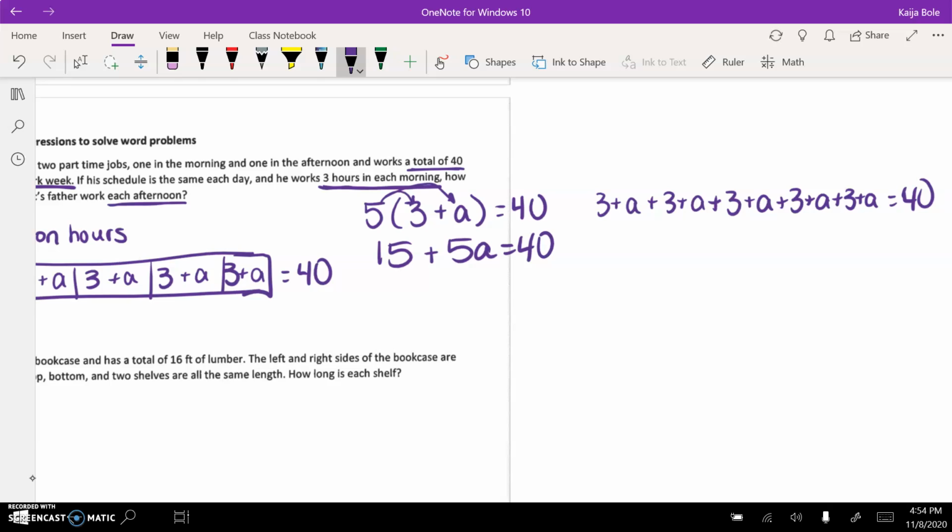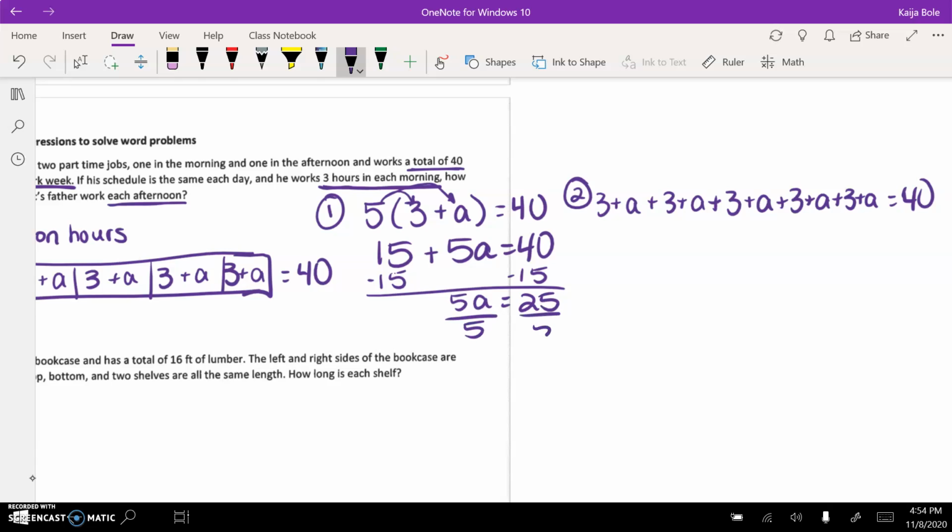Now, you either need to get to option number 1 here or option number 2 in some way, shape, or form. You should have one of those two before you get into the 15 plus 5A. And now I'm going to solve. We did this all last week. So I'm going to subtract 15 on both sides. So I would get 5A equals 25.